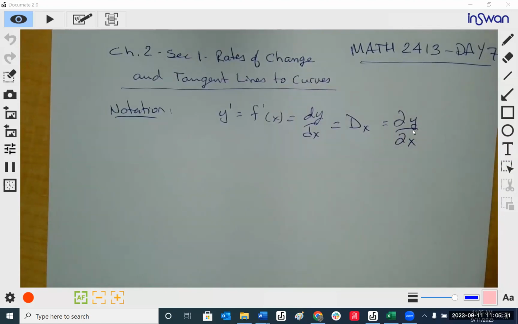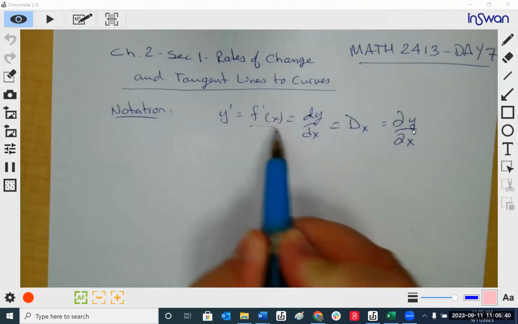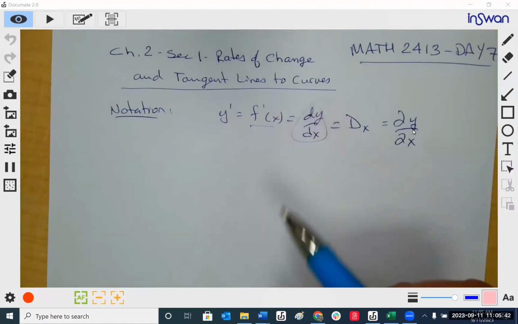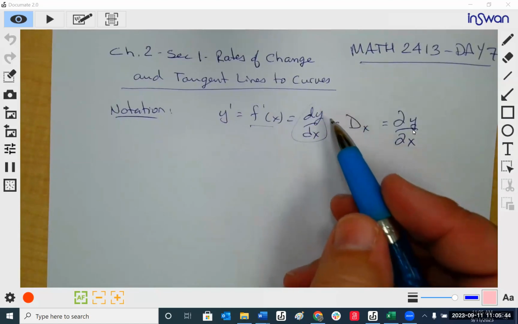There are a whole bunch of different symbols you can use for derivatives. So whatever's easiest for you. It looks more impressive if you do it this way. This is just a lot of writing.